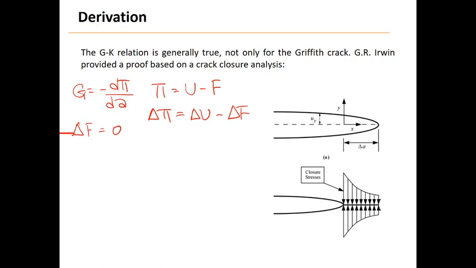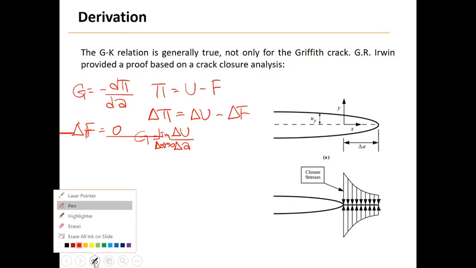We went through this analysis before, so I'm not going to go into detail. What we're looking at is basically this expression: we want G, and we need to find delta U versus delta A. To be rigorous, we're looking at the limit as delta A goes to 0.